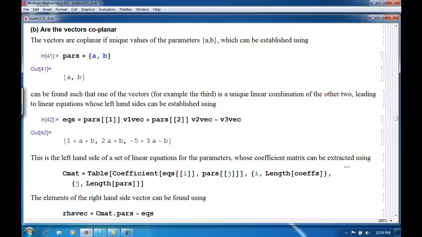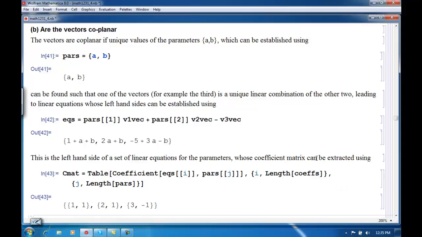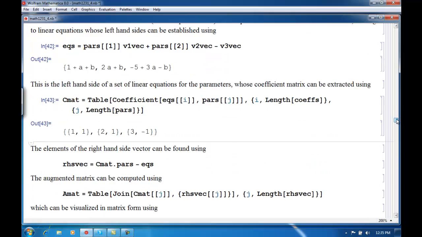And we can extract the coefficient matrix using that. So in other words, we take the coefficient of the jth parameter in the ith equation, and then we can calculate the right-hand side vector by multiplying the coefficient matrix times the parameters and subtracting off the equations.